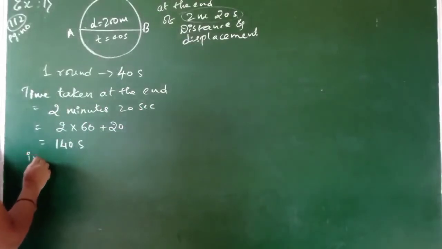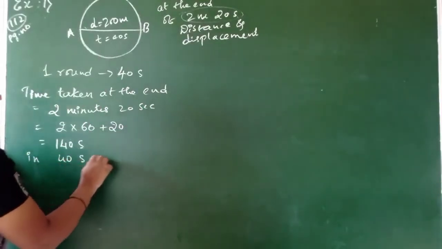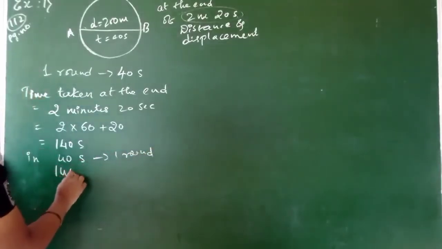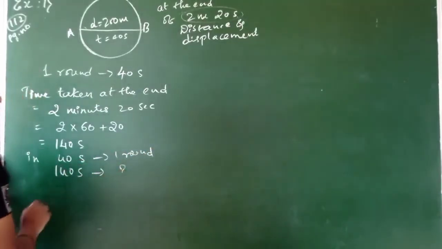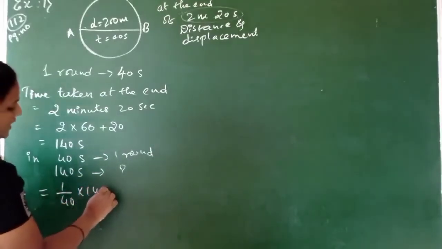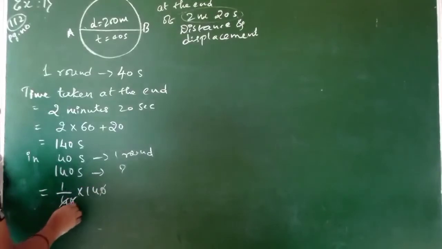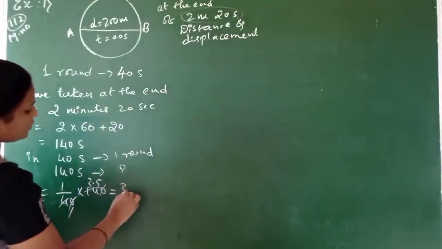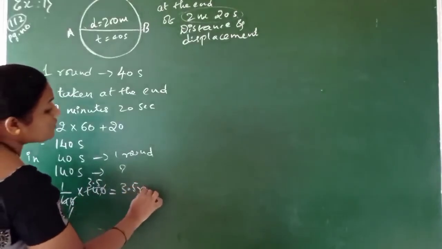So, in 40 seconds he completes one round, so in 140 seconds, how many rounds will he make? That is 1 by 40 into 140, 0 gets cancelled, 4 1s are 4, then 4 3s are 12, then 0.5, isn't it? So, 3.5 rounds he will make.